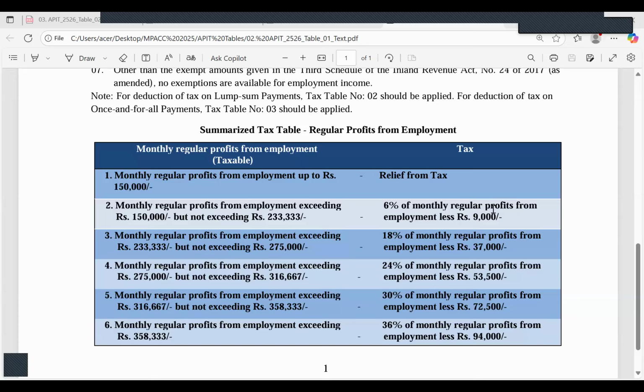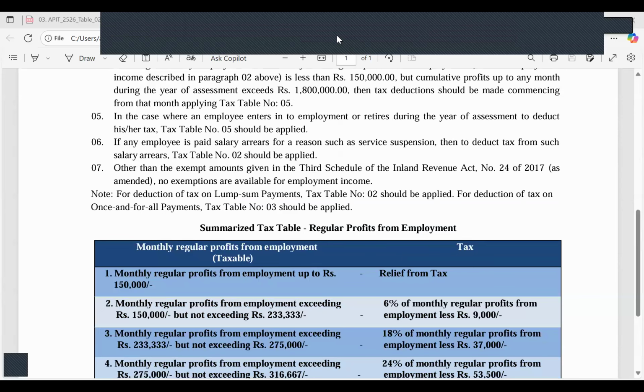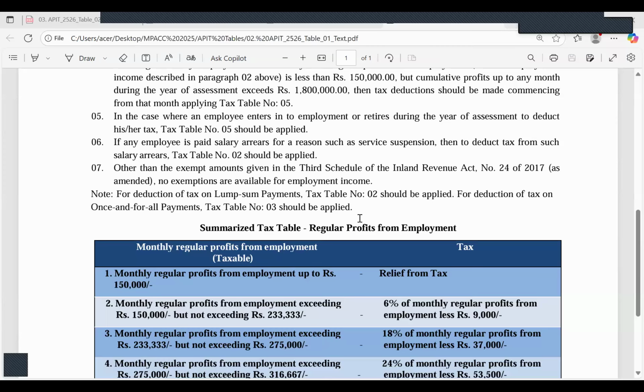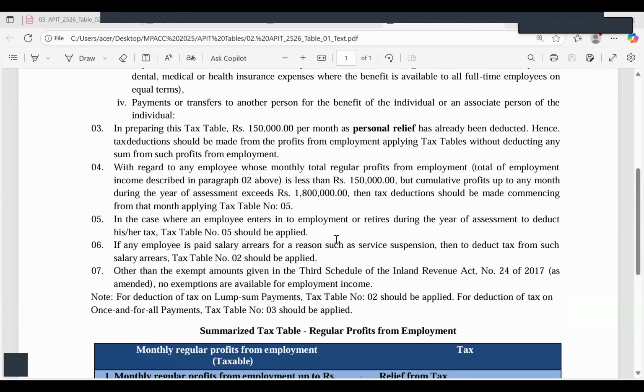What is the reason for deducting 9,000? What is the reason? Who can tell me?